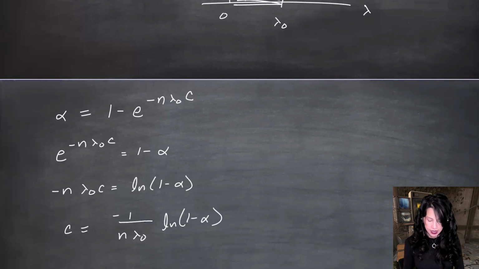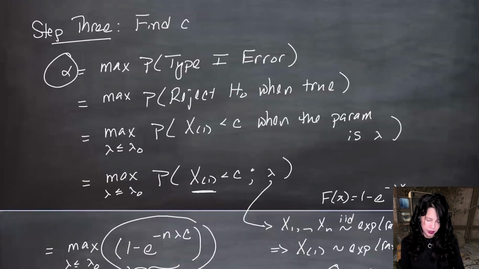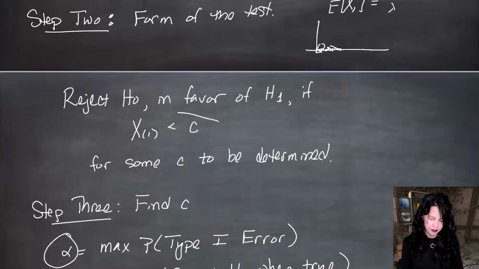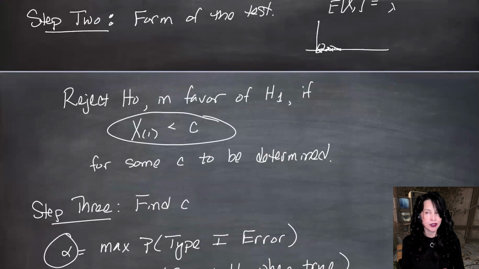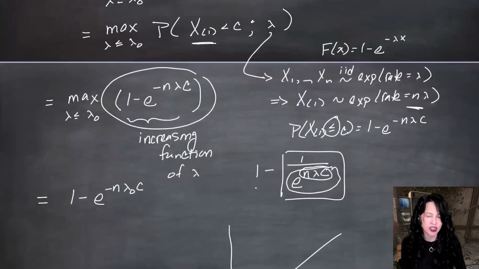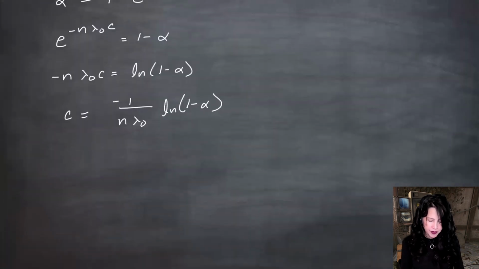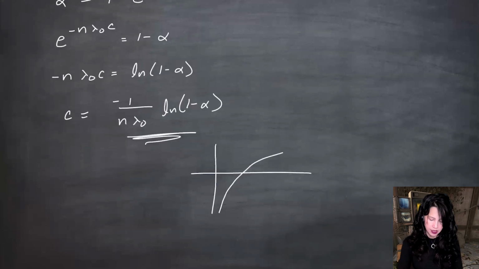As a quick check, this makes sense. We're talking about a rejection rule that looks like we're going to reject if the minimum is below some c, and everything is positive for the exponential distribution. So the minimum is never going to be below a negative number. But this is okay because log looks like this.